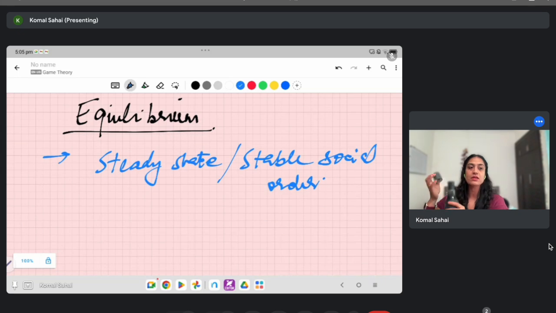The idea is that all the players are working in their own self interest. ठीक है, जैसा भी उनका अपना पे ऑफ फंक्शन है, whatever kind of preferences they have, whether they are altruistic, whether they are selfish, whether they are perverts, whether they are kinky, doesn't matter. ठीक है ना, जो भी प्रेफरेंस है उसको वो मैक्सिमाइज कर रहे हैं.